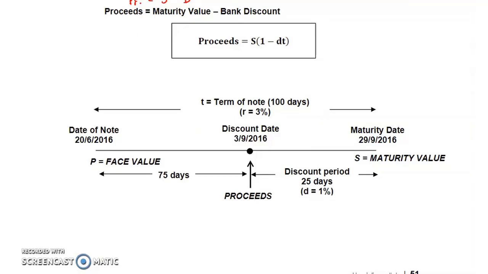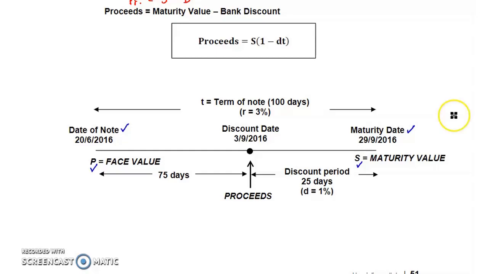At the beginning we have the date of note. On the date of note, the value is P, which is the face value. At the end of a certain period, the date is called the maturity date, and the value at the end is value S, which is the maturity value.